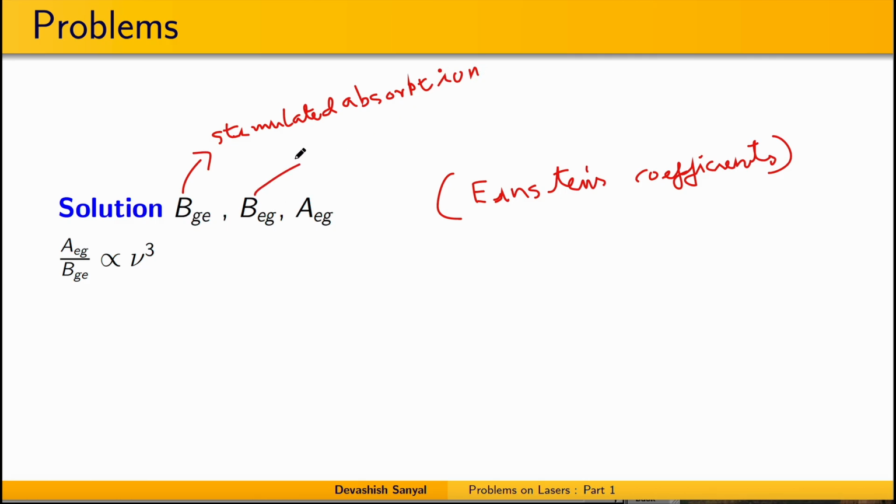This is stimulated emission from the excited state to the ground state.